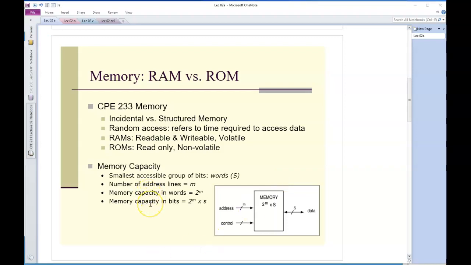The bit capacity is the number of storage locations, which is 2 raised to the number of address lines, times the number of bits in the word. To get the byte capacity, we take this term and divide it by 8.